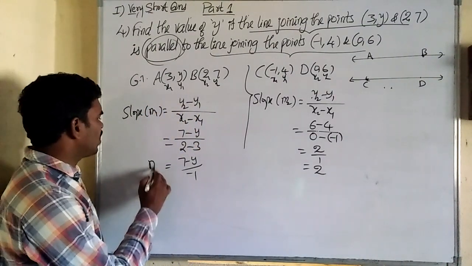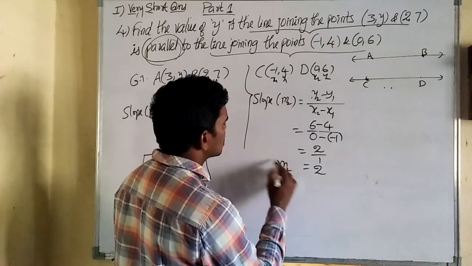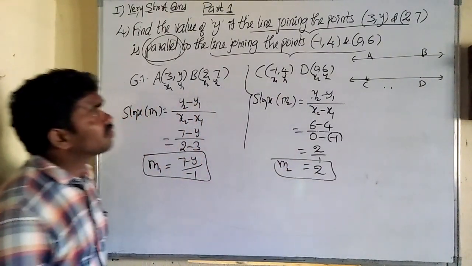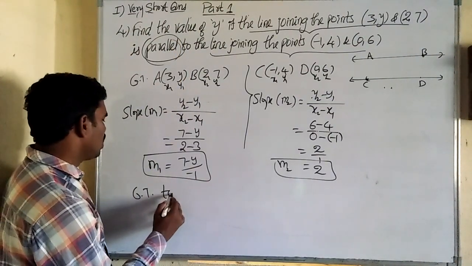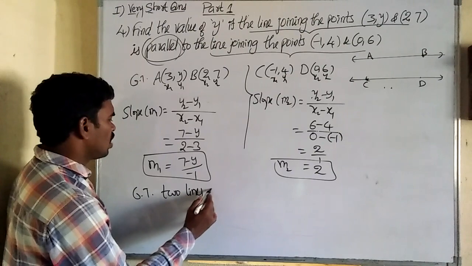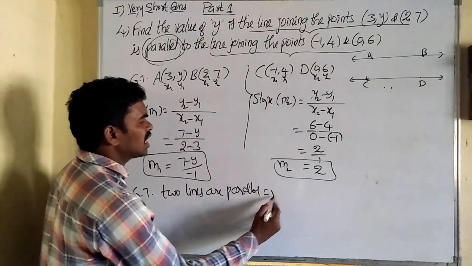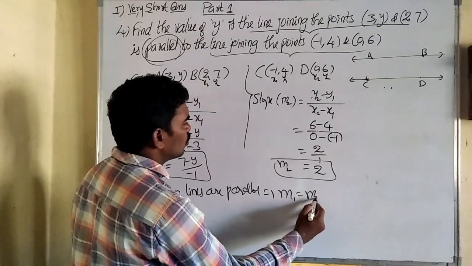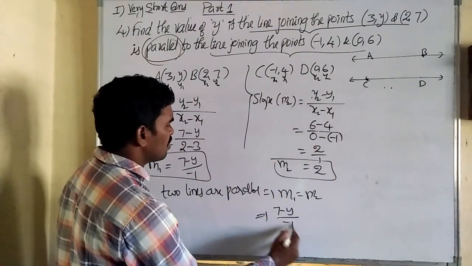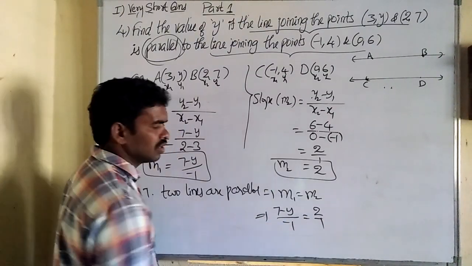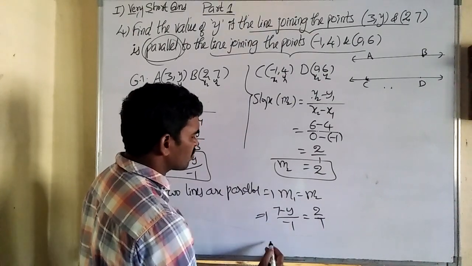So slope m1 is 7 minus y by minus 1, and slope m2 is 2. What is the condition given that the lines are parallel? Immediately m1 equal to m2. What is m1? 7 minus y by minus 1 equals 2 by 1. So do cross multiplication. 2 into minus 1.